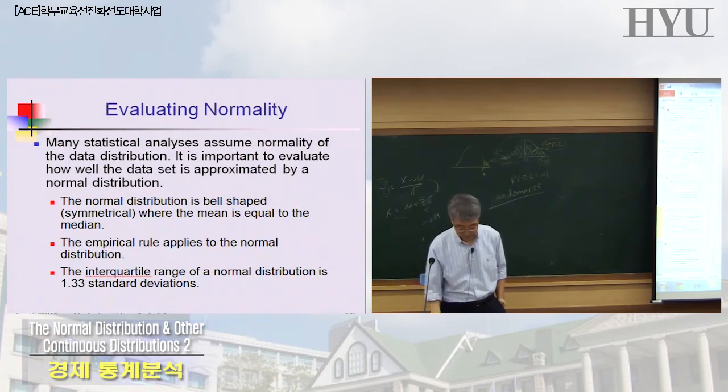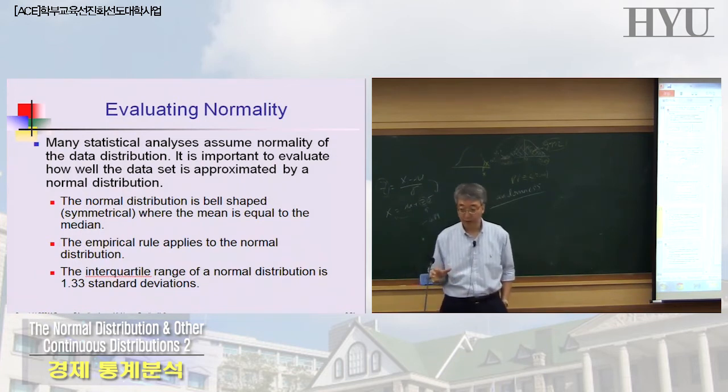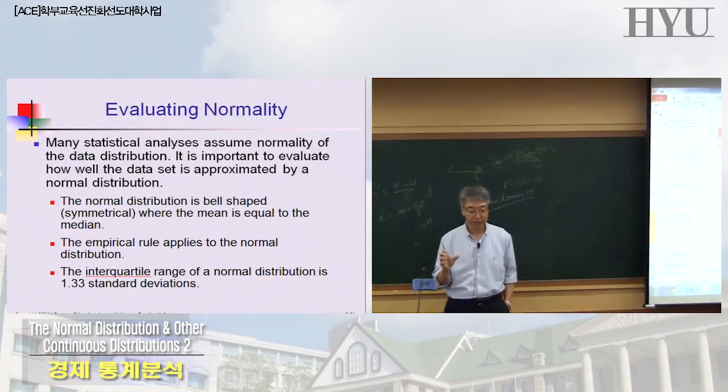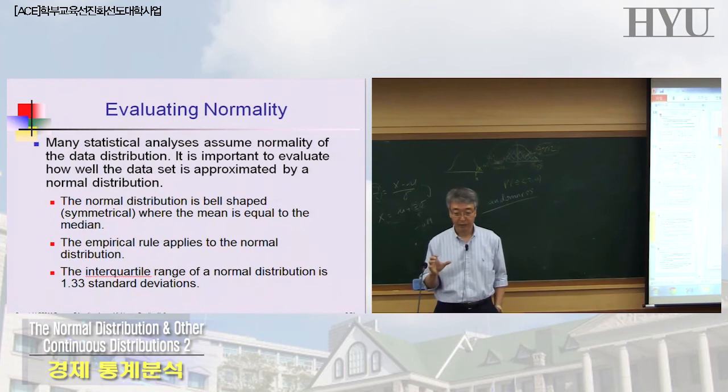The second condition you can use is the empirical rule, the 68, 95, 100% rule. Within one standard deviation, do we find about 68%? Within two standard deviations, do we find about 95%, and so on. Okay? All right.